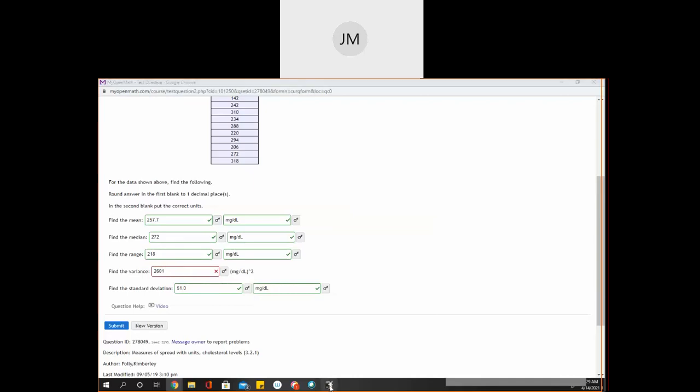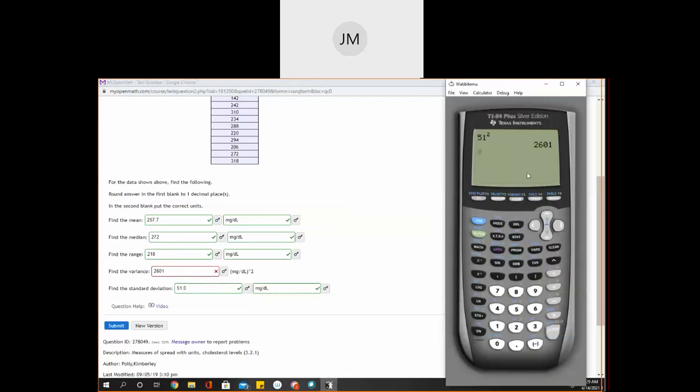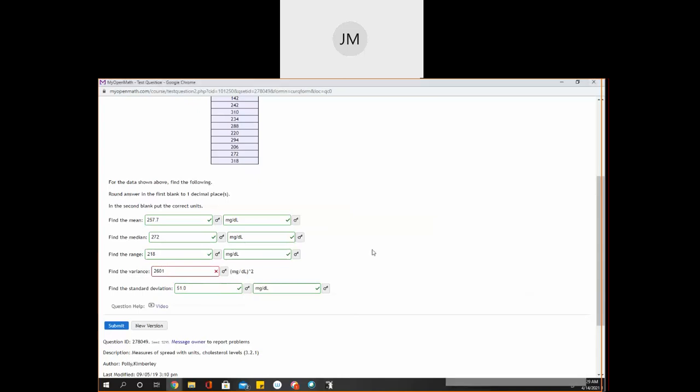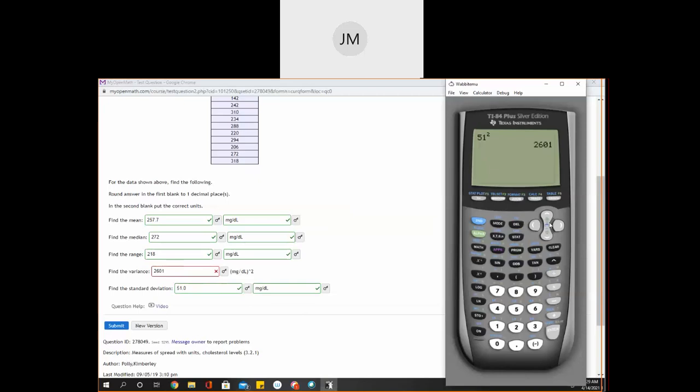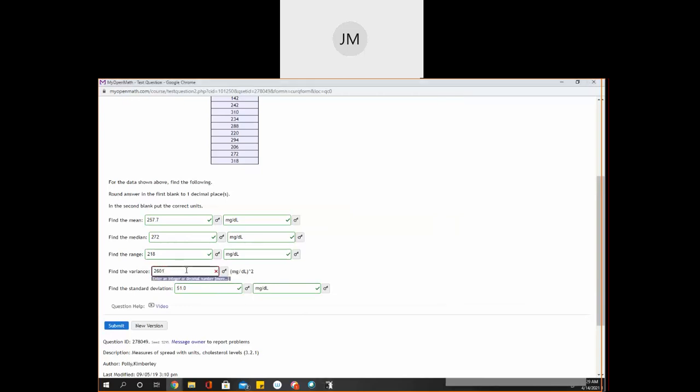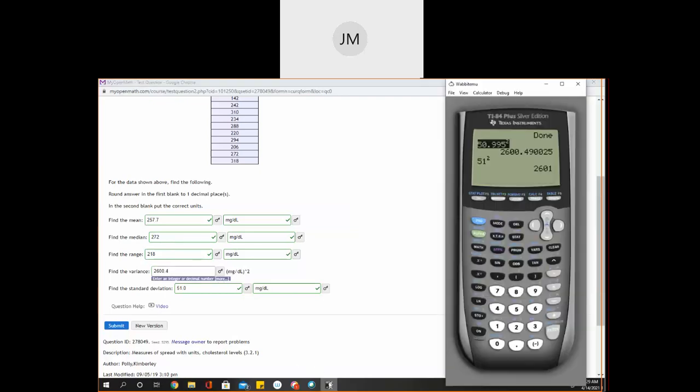So that's tricky here. You want to be a little bit careful of that, especially for this variance thing. If we used more decimal places for the standard deviation, or really you should probably use all of them, but here I used 3 decimal places, so when I squared it, I was able to get accurate to 1 decimal place.